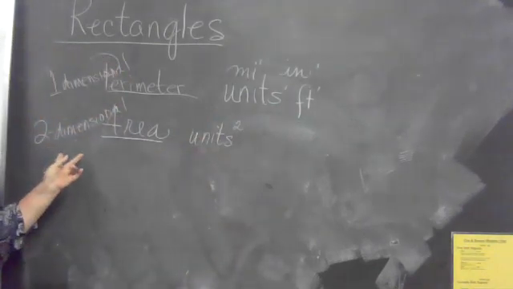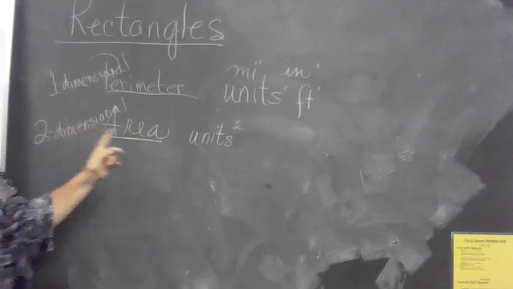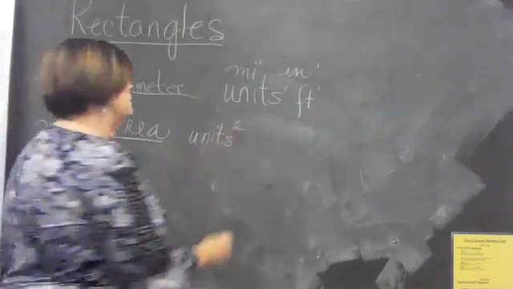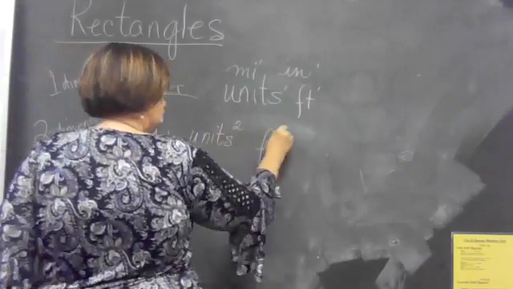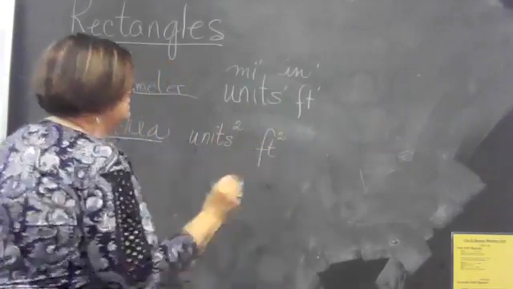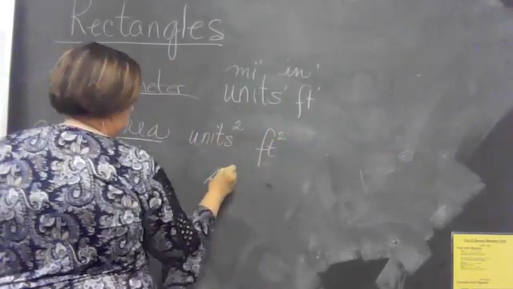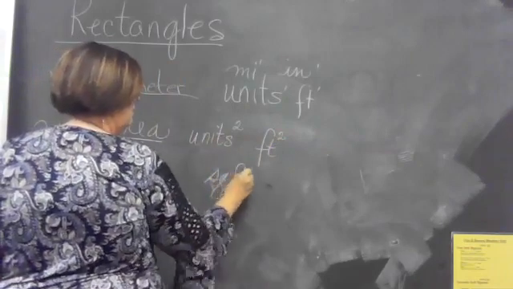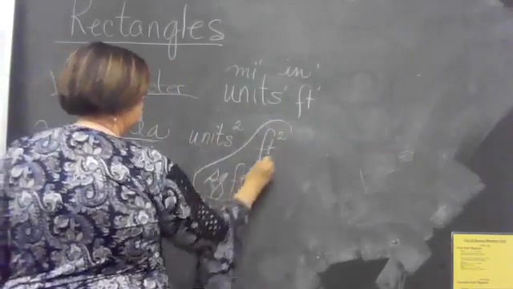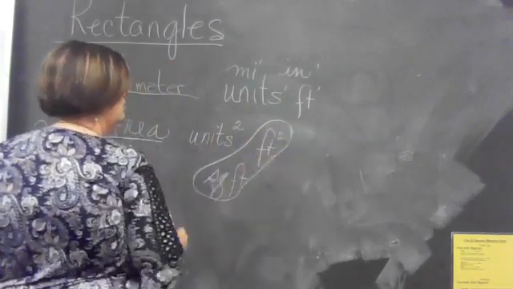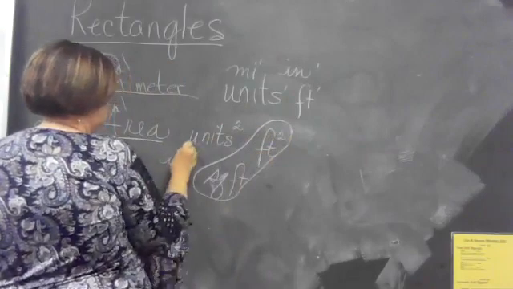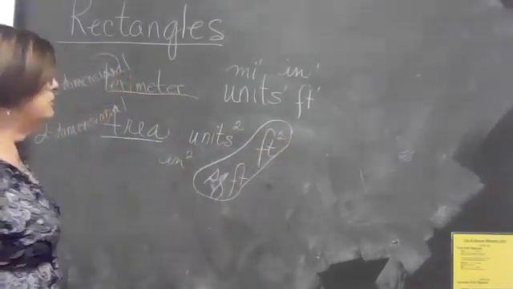When we're finding area, it's two-dimensional, so its units will be squared. We will say 20 feet squared. You will also see it written square feet. These mean the same thing. If it's written square feet or feet squared, inches squared, and so on and so on.